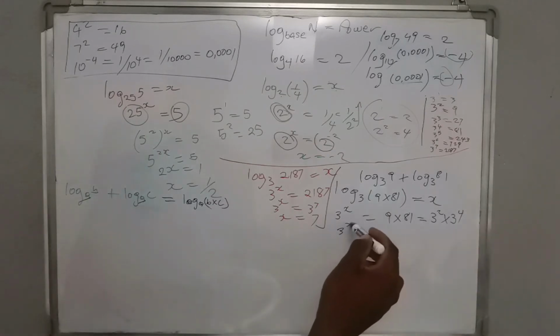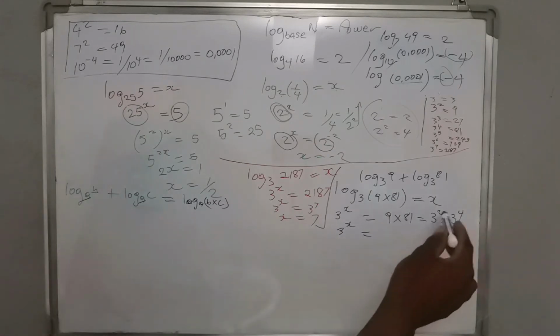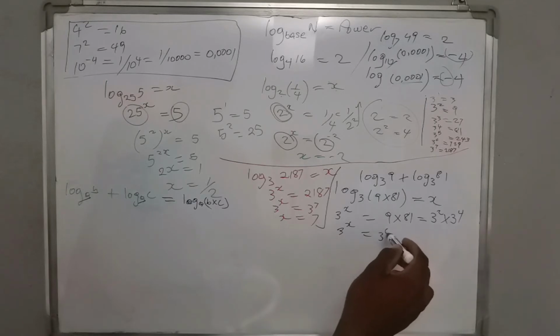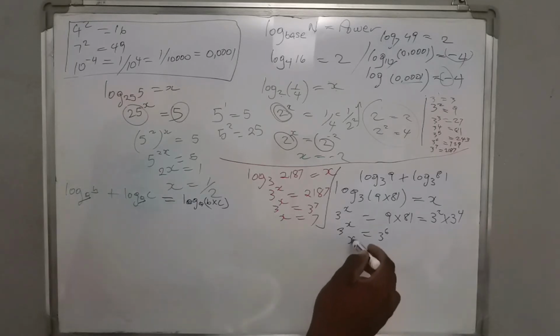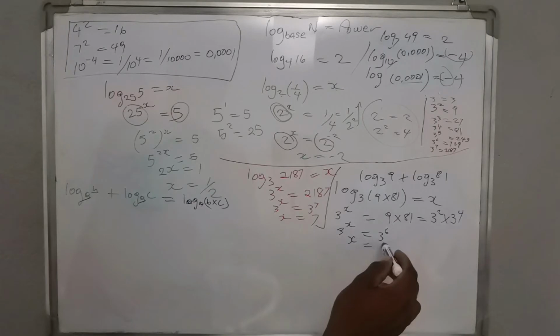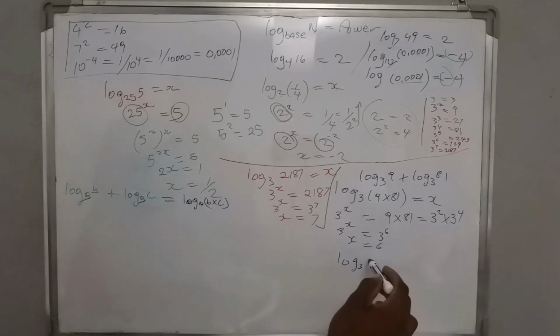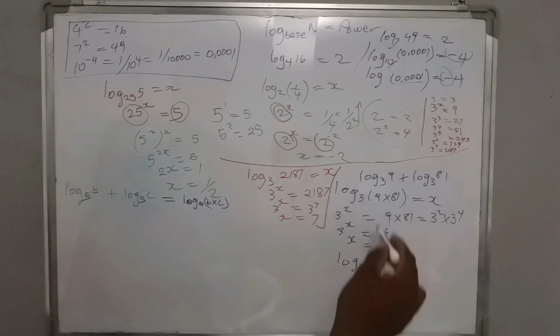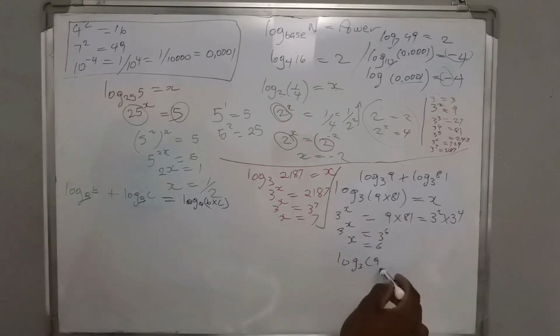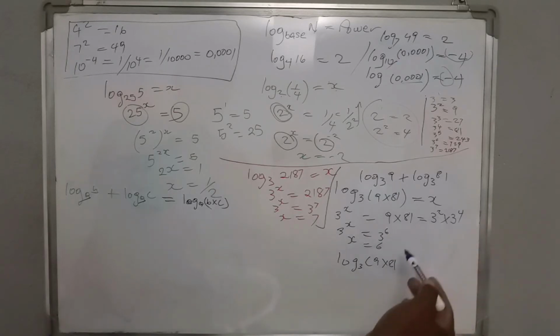So we get 3 raised to x equal to 3 raised to 6. So x is equal to 6. So that means log to the base of 3 of 9 times 81, if you like you can write it like this, is equal to 6.